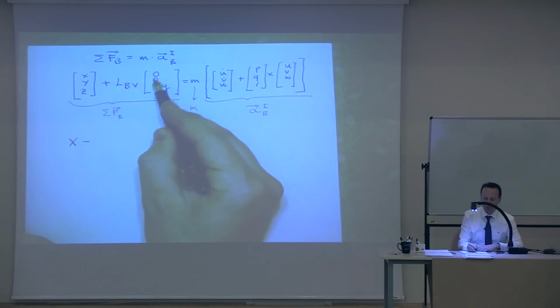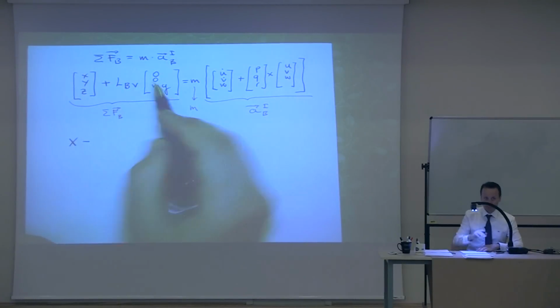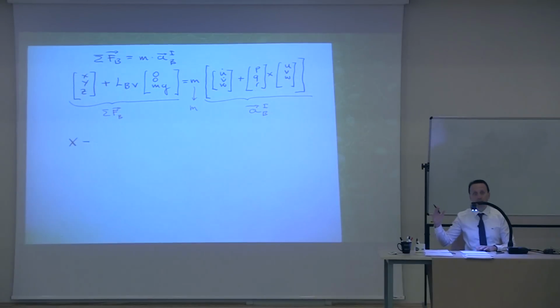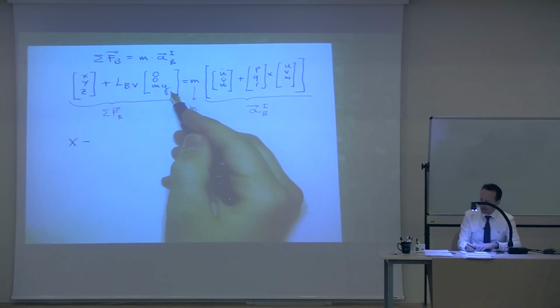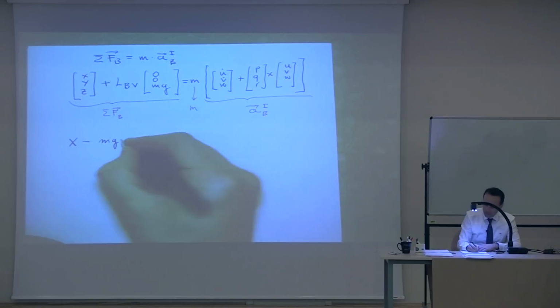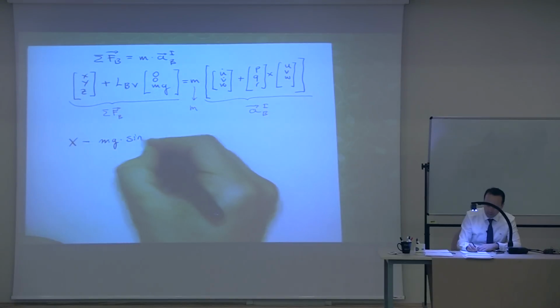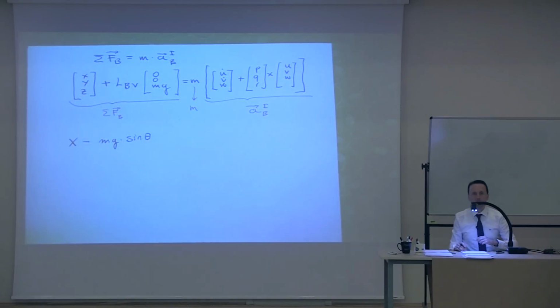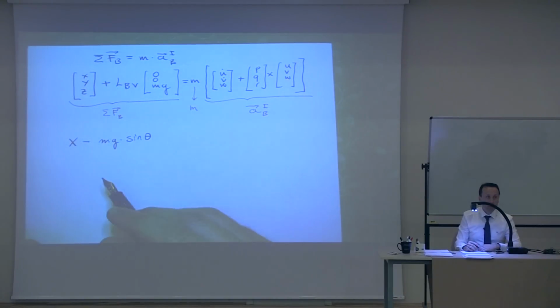Okay. You have 0, 0. So you have to multiply the last column and the first row with mg. And if you look at this, it would be mg times sine theta, from vehicle to body. So that would be the first row.